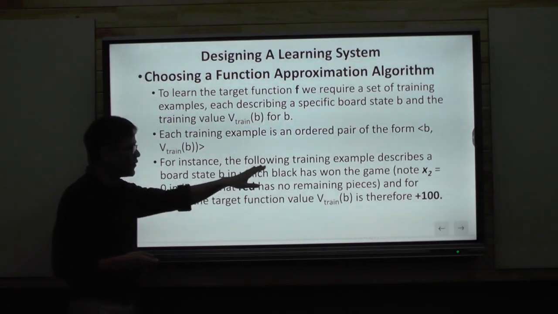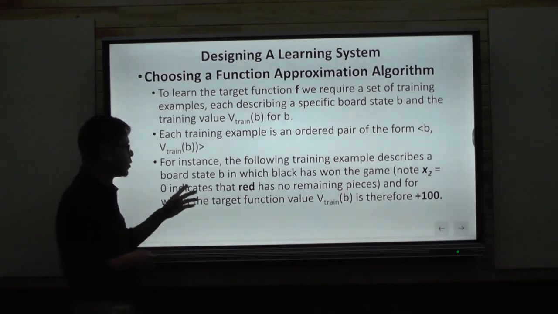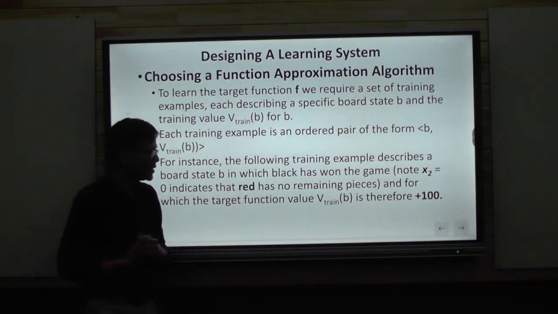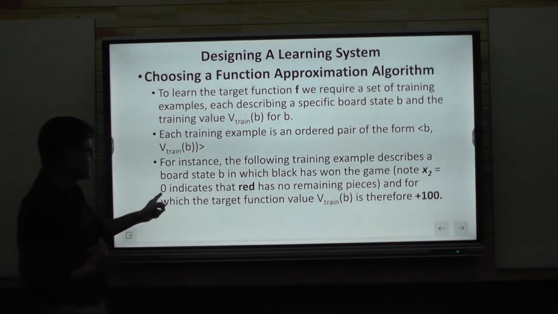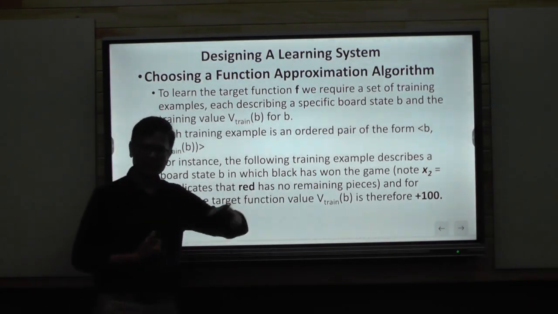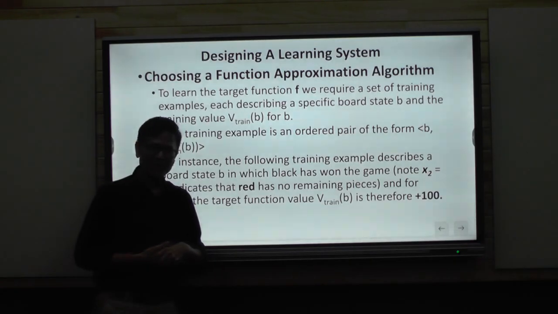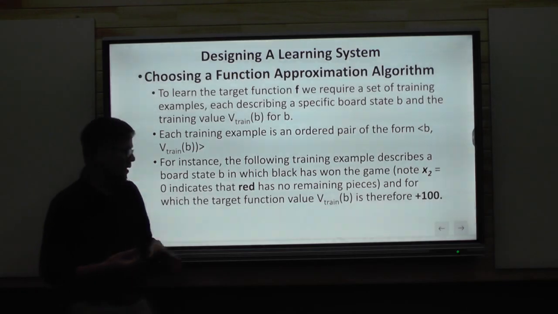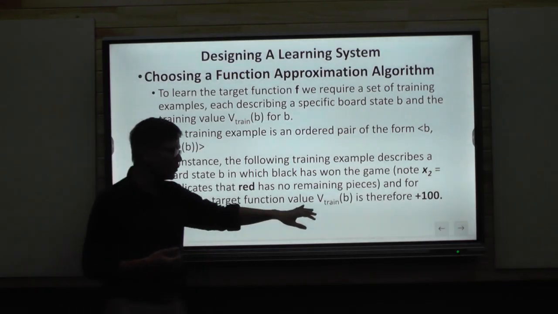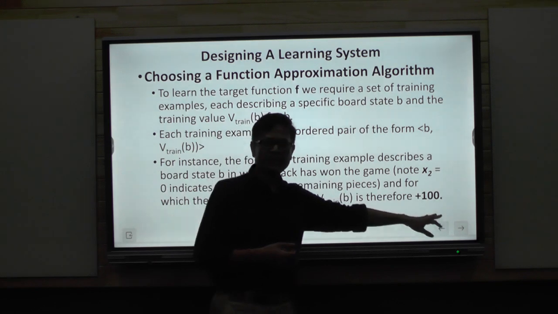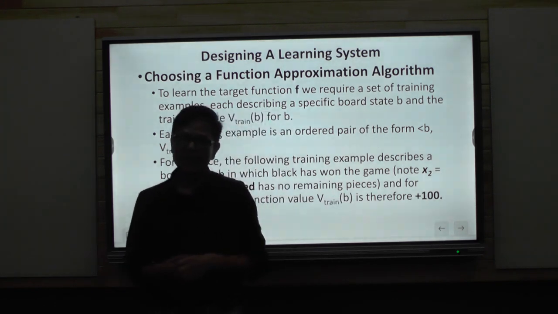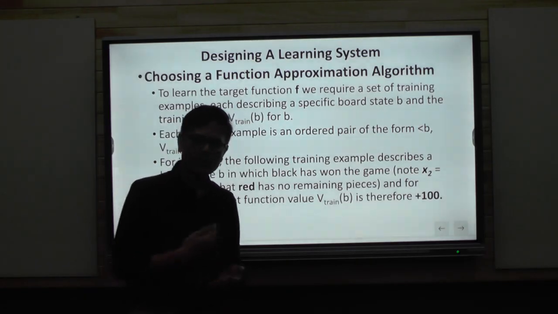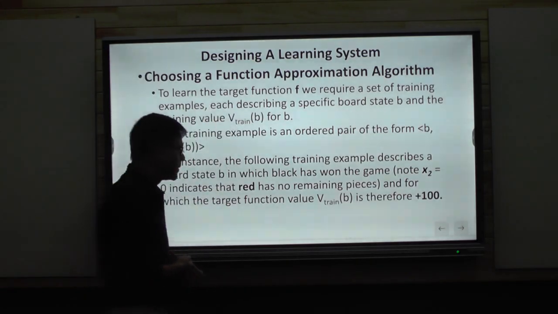For instance, the following training example describes a board state B in which black has won the game. The x2 equal to 0 indicates that red has no remaining pieces. So black has won, and the target function value V train B is therefore plus 100. You remember from the previous slide, if you are winning it is plus 100, if you are losing minus 100, and if it is a draw, V of B is 0.